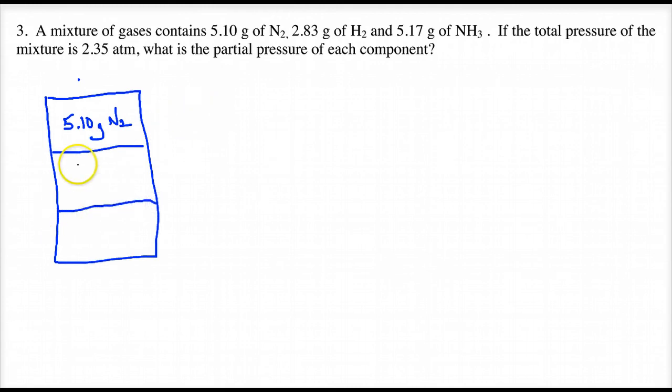I'm just going to put them in here, but understand these lines don't exist. I probably shouldn't draw them. Some purists are probably yelling at me, but 2.83 grams of H2, and then I have 5.17 grams of NH3. Obviously they're filling the entire flask. I'm just putting them in here to show a partition of each one.